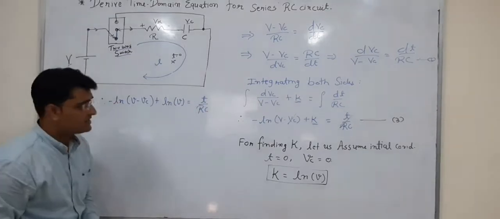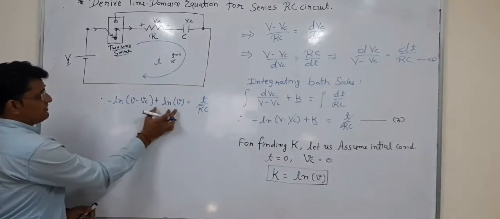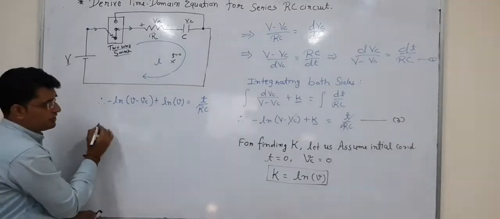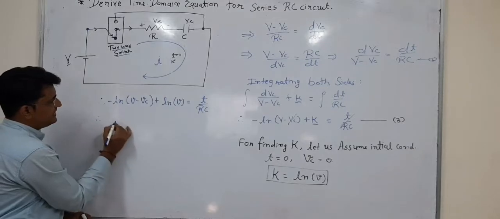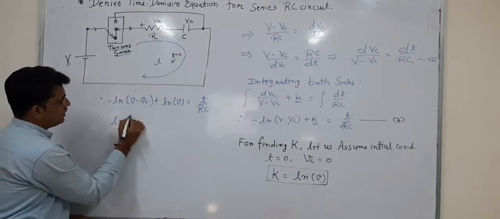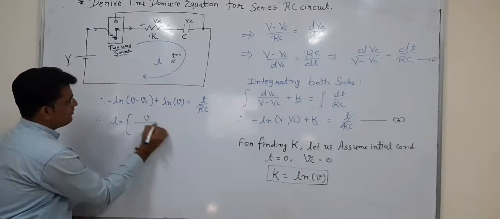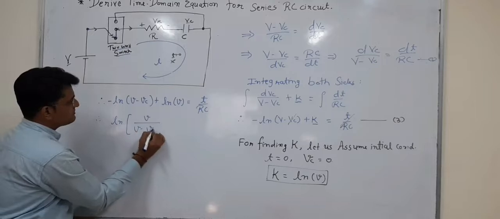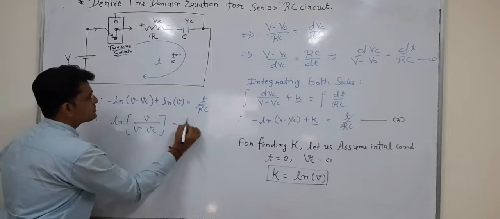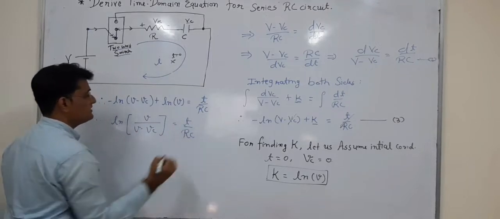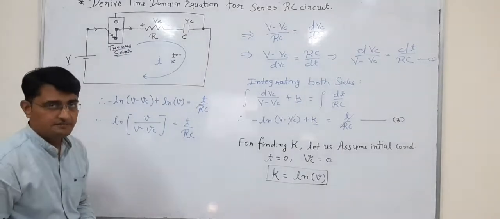Here is the subtraction of two logarithmic terms, so we can rewrite it: ln of V upon (V minus Vc) equals t by RC.